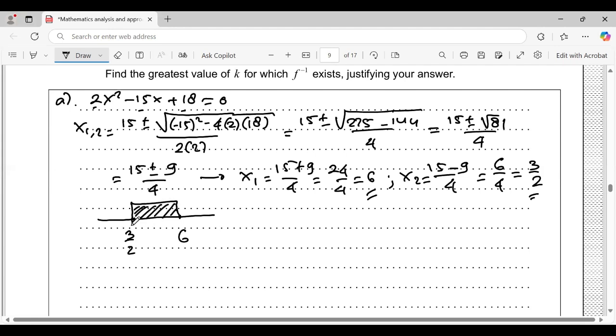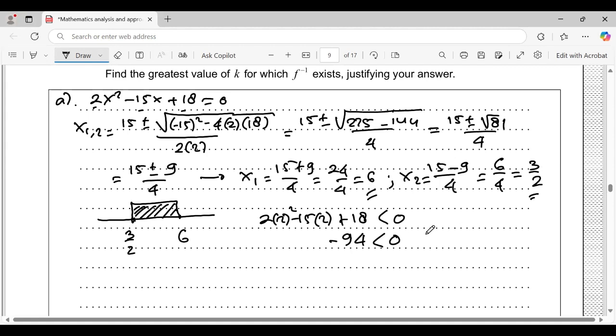If you substitute a number between 3 halves and 6, for example 2, into this expression, 2x squared minus 15x plus 18 less than 0, the calculation gives minus 4, less than 0.